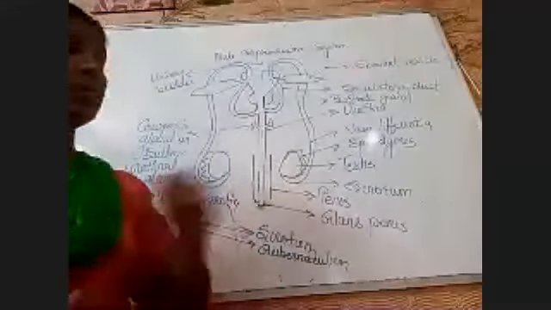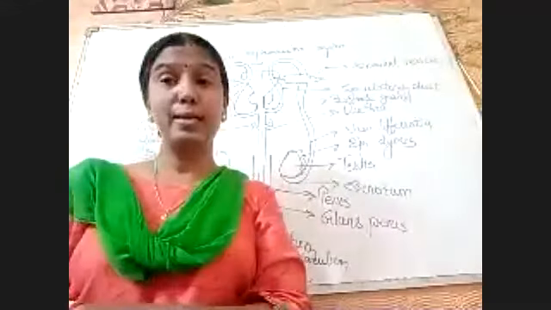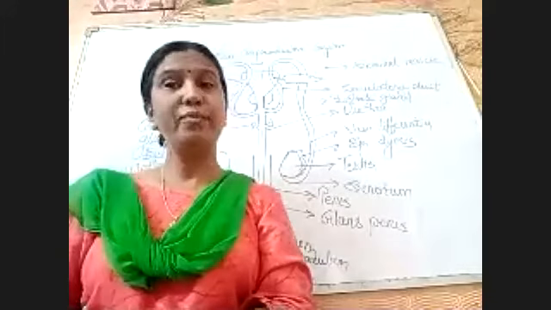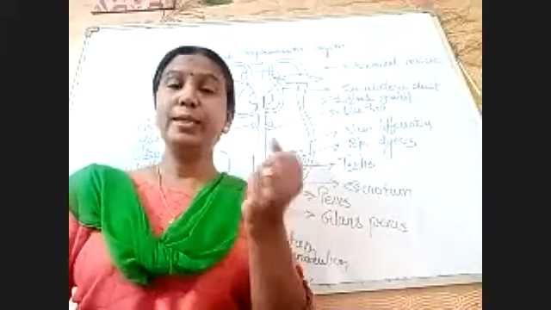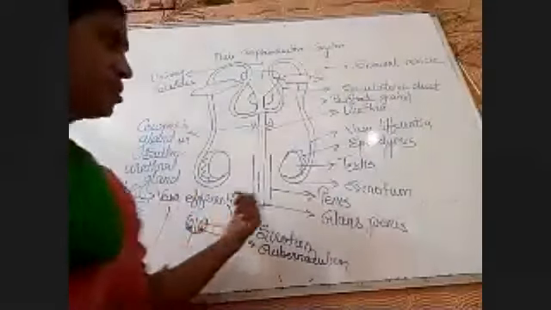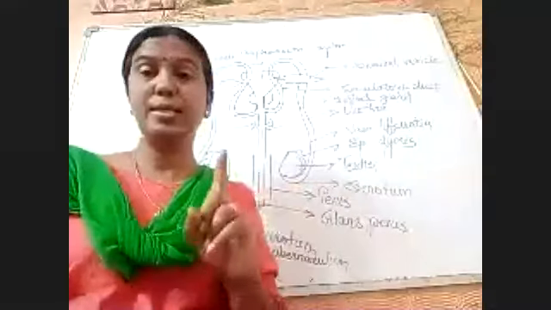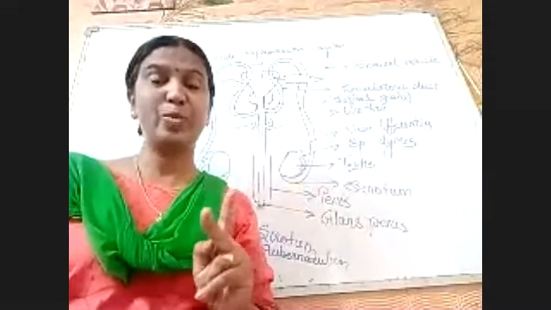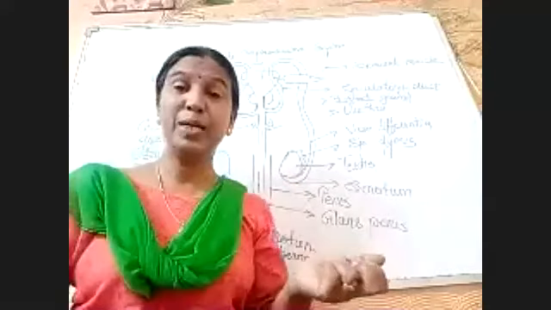As I had told you, it is the most important part due to its function. So what are its functions? It carries sperms from vasa efferentia to vas deferens. This is the first function. The second function: maturation of sperms takes place in this epididymis.